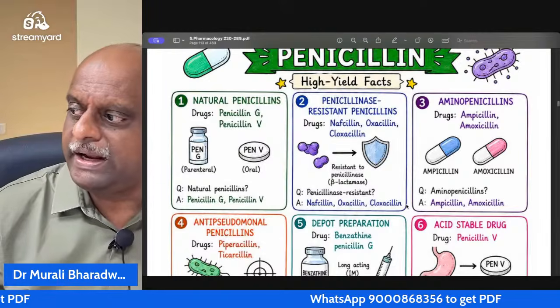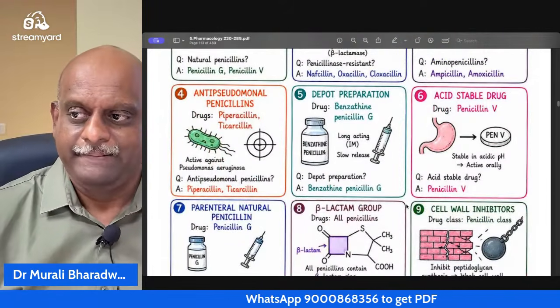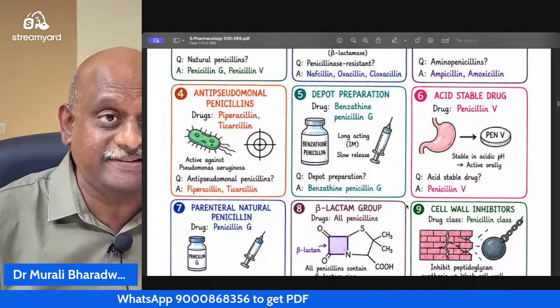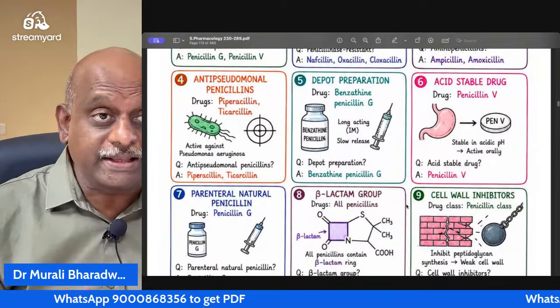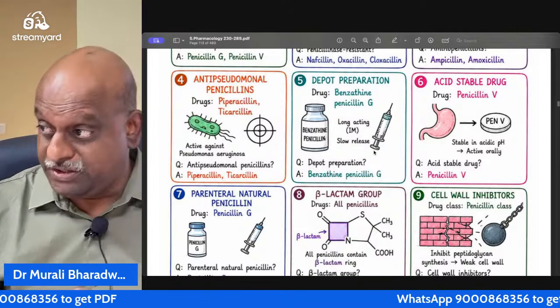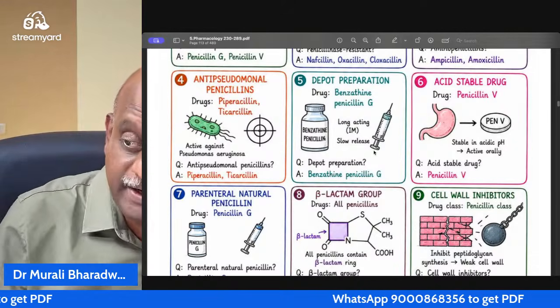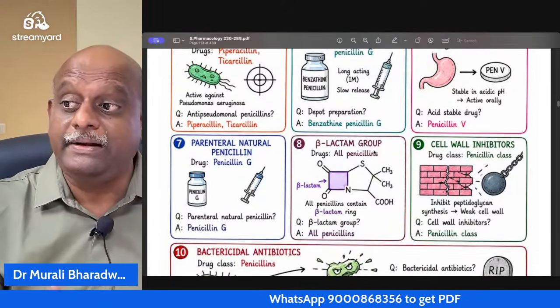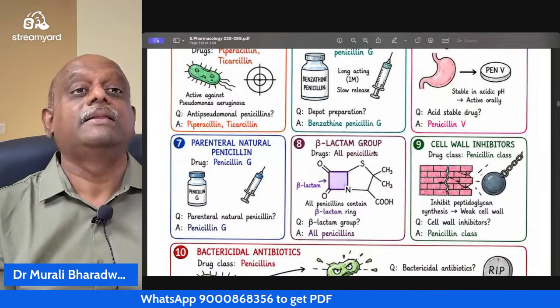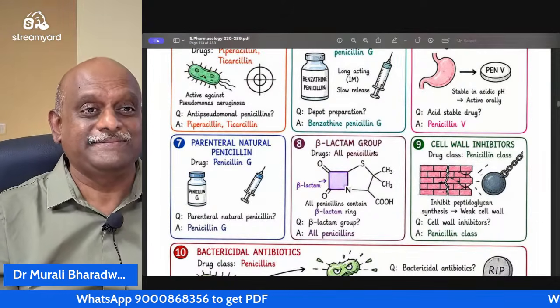Amino penicillins are ampicillin, amoxicillin. Piperacillin, ticarcillin are the anti-pseudomonal penicillins. Benzathine penicillin G is the depot preparation. Acid stable penicillin is penicillin V. Parenteral natural penicillin is penicillin G. That is the story of penicillins.